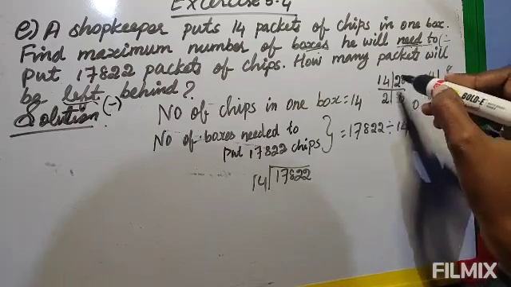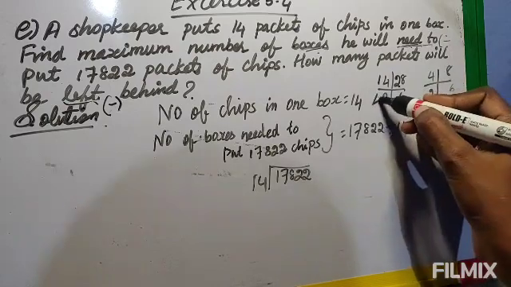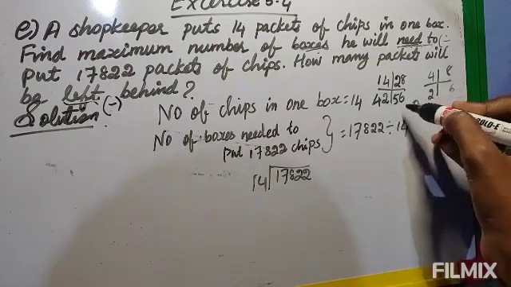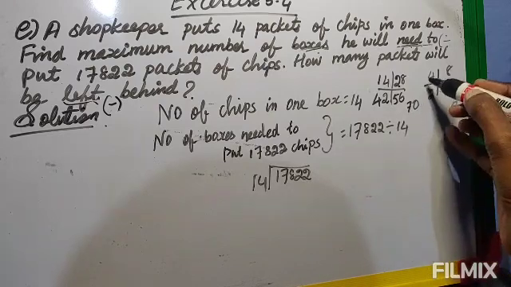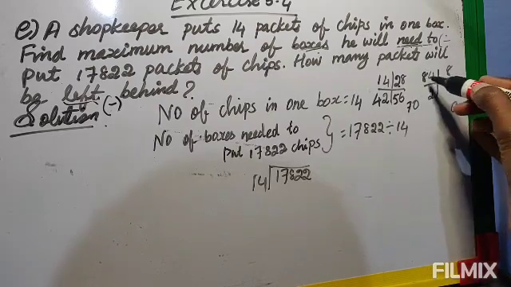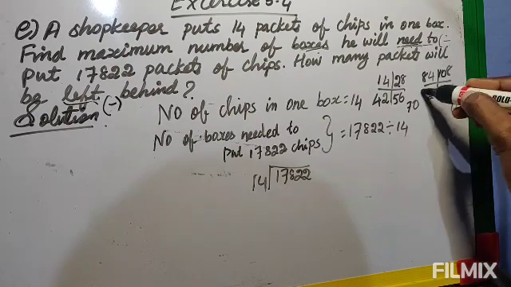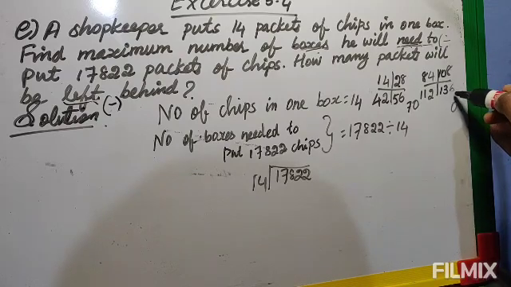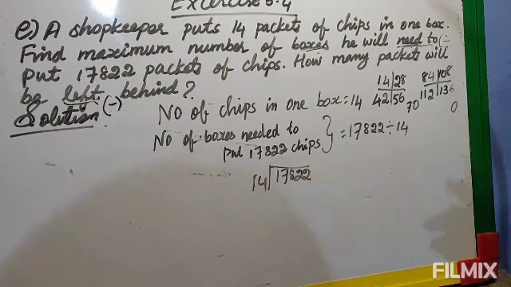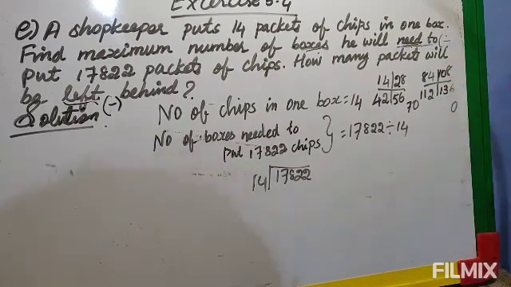After writing two continuous numbers, you leave the next number: write 4, 5, leave 6, write 7, 8, leave 9.